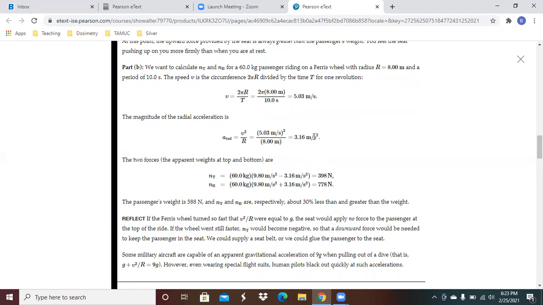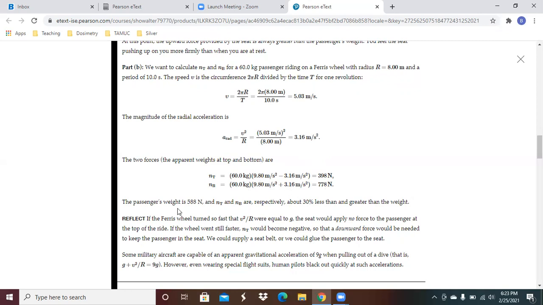We now know what the radial acceleration is. On the top, we know to subtract it because it's not working in the same direction as gravity. At the bottom, we have the same value here, but we're going to add this because it's pointing up, in the same direction.